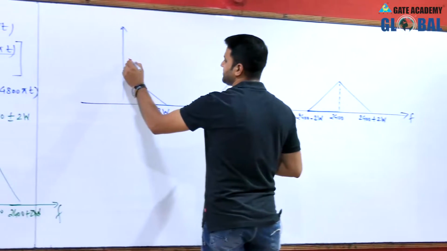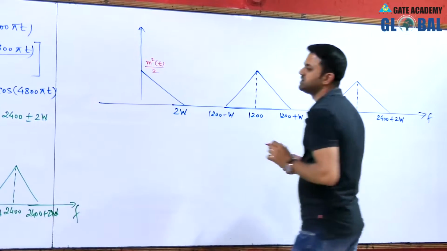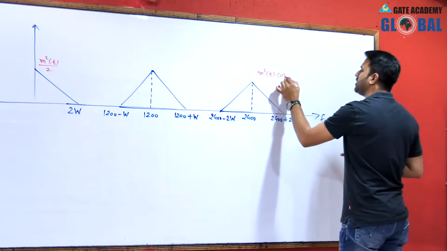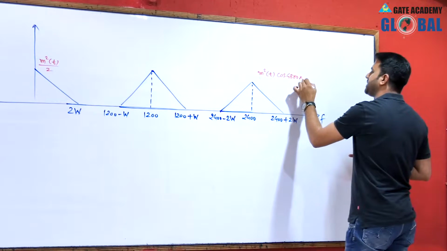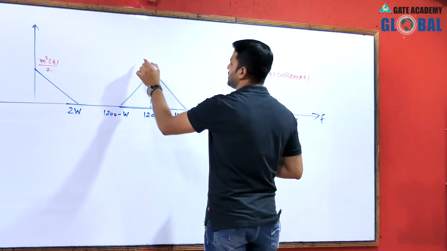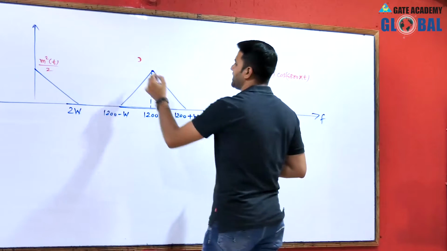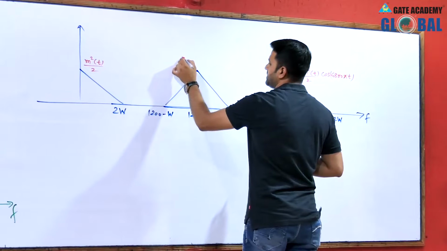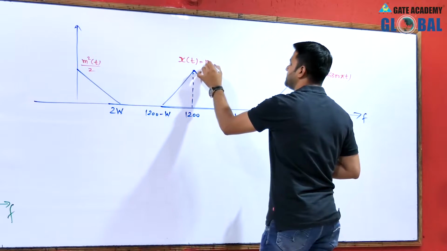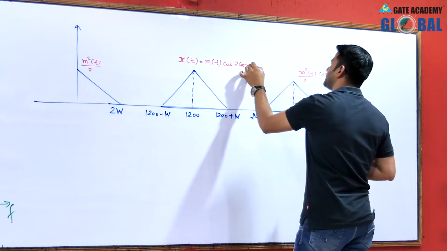This term is because of m square t by 2. This term is because of m square t cos 4800 pi t by 2, and this term is because of x of t or X of f, which is m of t cos 2400 pi t.